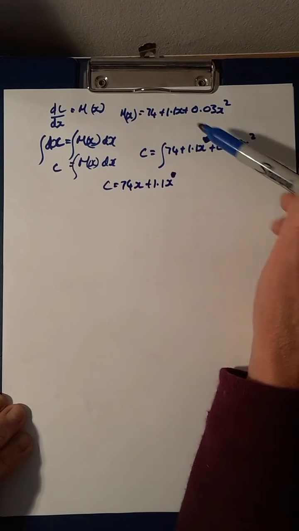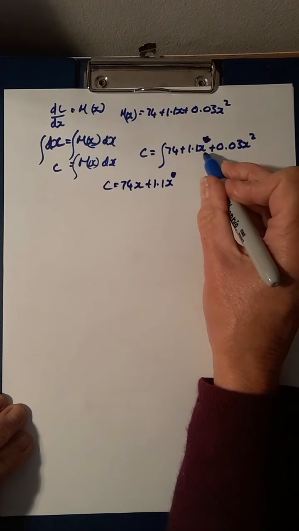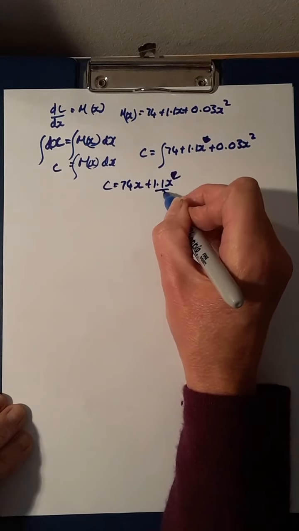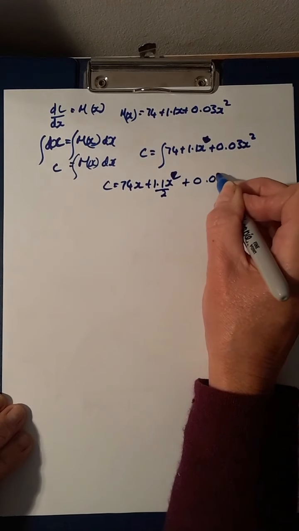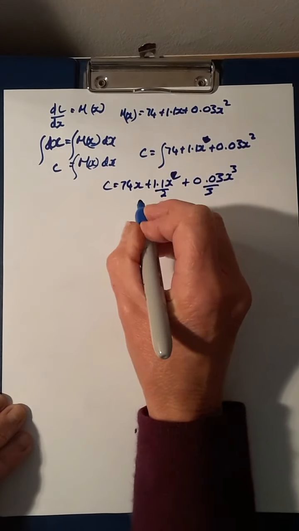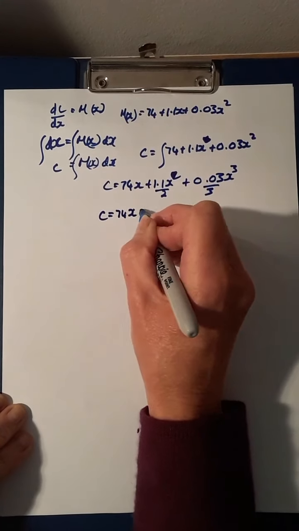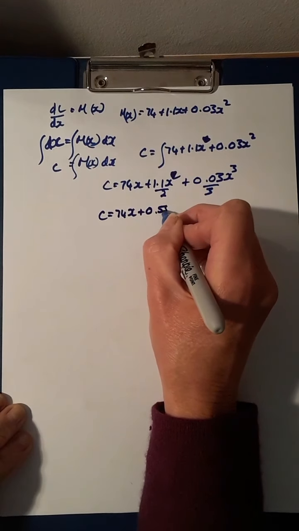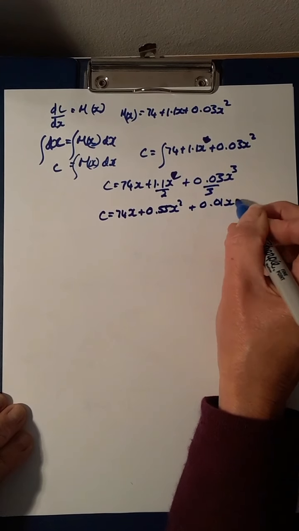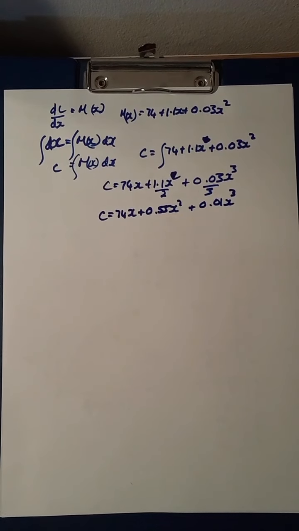So this is 74 plus 1.1x plus 0.03x squared. So when I integrate it, 1.1x becomes 1.1x squared over 2, plus 0.03x cubed over 3. So that means my cost function, if I tidy it up, will become 74x plus 0.55x squared plus 0.01x cubed. Okay, so that's the first part.